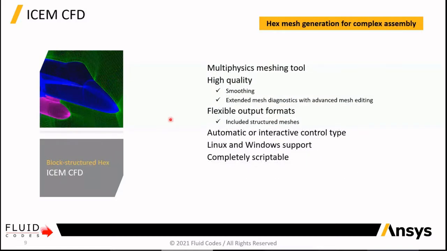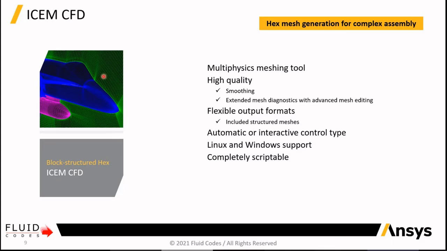Another tool available is one of the oldest in the Ansys portfolio. It's ICEM CFD. It's well known in the scientific community for many, many years. It can be used for both unstructured meshes, but the main strength of ICEM CFD is the block structured hexahedral mesh.